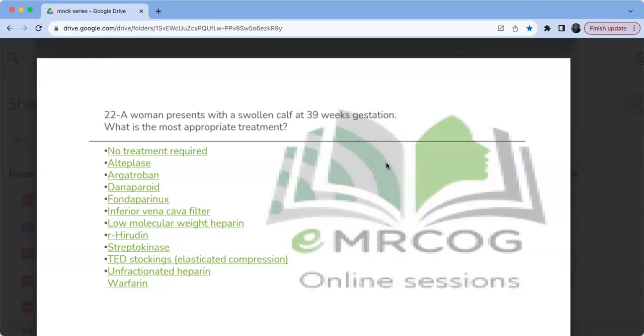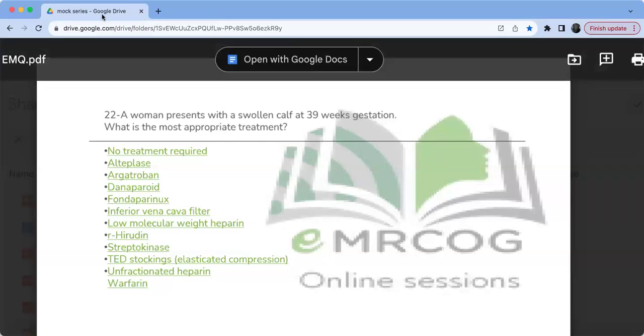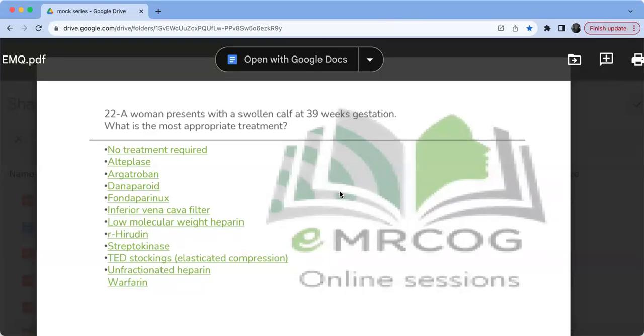It's unfractionated heparin. Tricky, isn't it? It's not that tricky. You are very good, and you have answered correctly. It was in the guideline as a special situation. Yes. Well done.